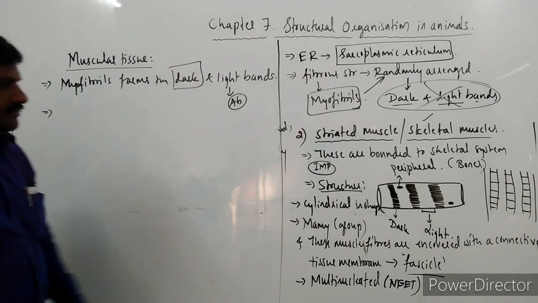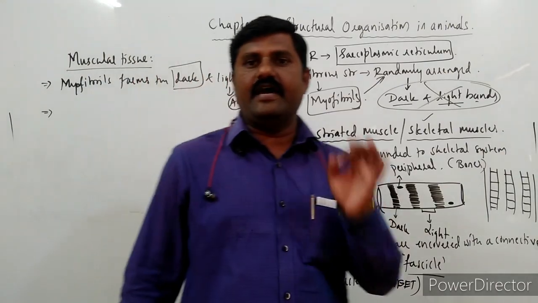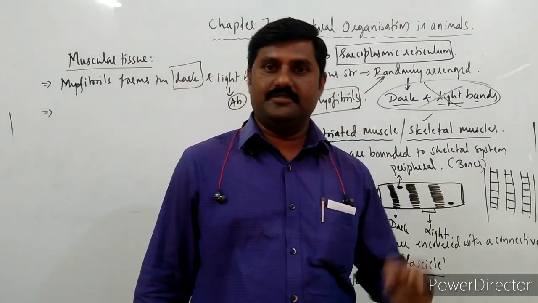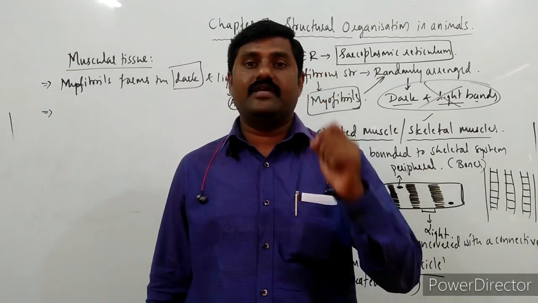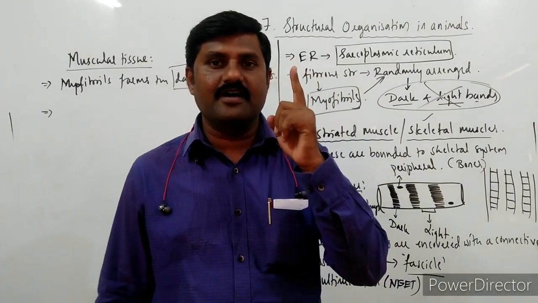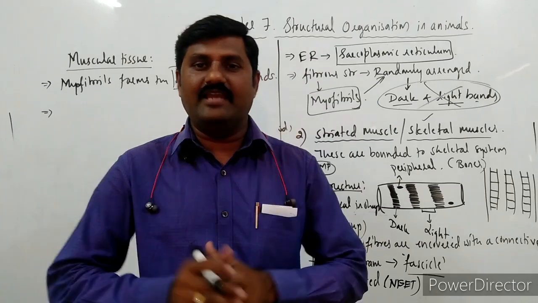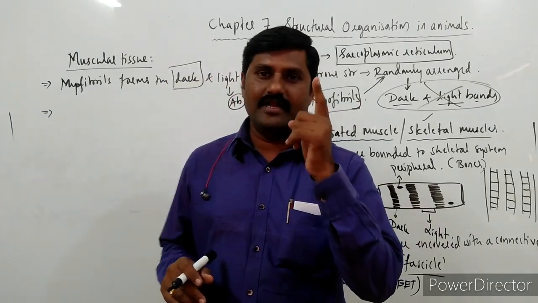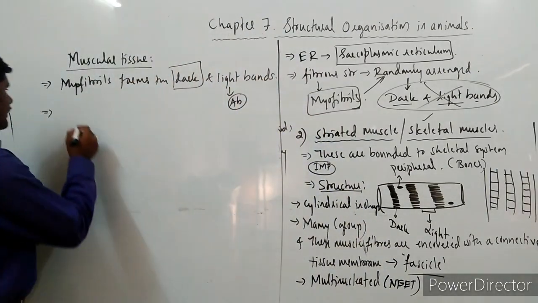And these muscle fibers, since they are attached to the skeletal system or the bones in our body, work according to the will of the human being or the animal itself. Hence, these are said to be voluntary muscles. What are these?